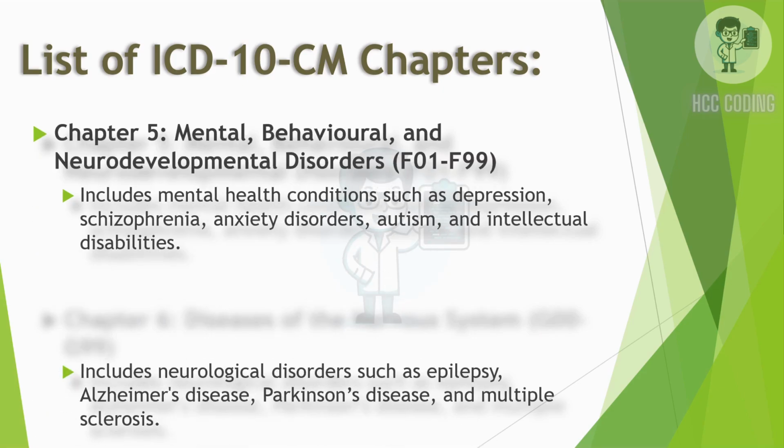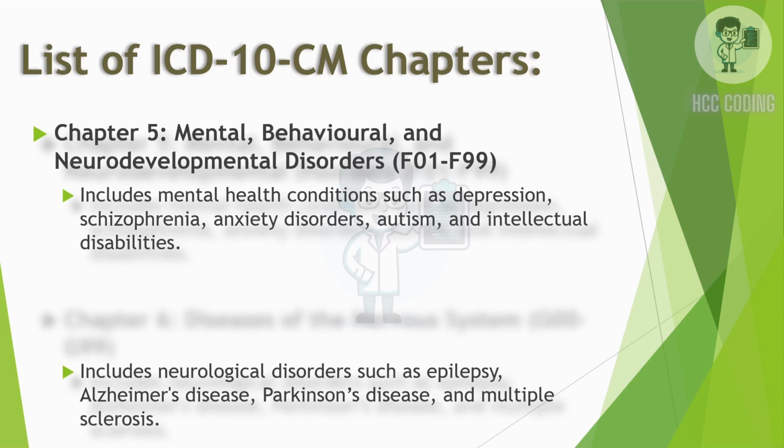Coming to chapter 5, the header is Mental, Behavioral and Neurodevelopmental Disorders, which includes F01 to F99 category codes. Chapter 5 includes different mental disorders like depression, bipolar disorders, anxiety disorders, and schizophrenia.